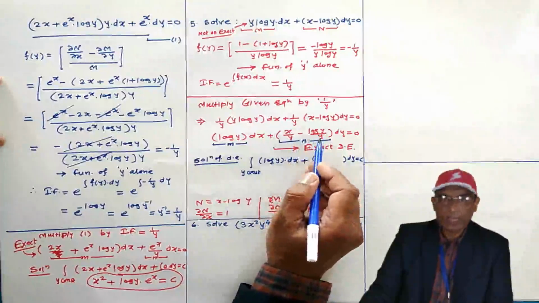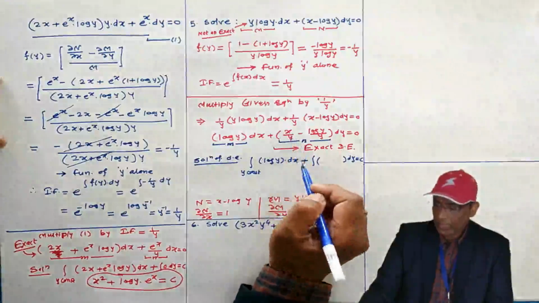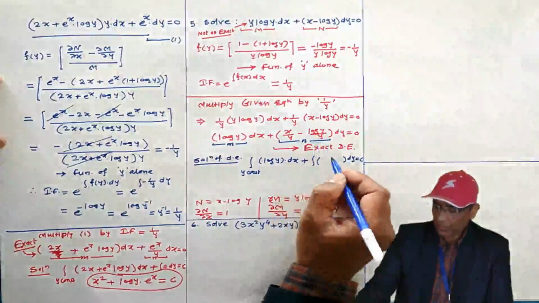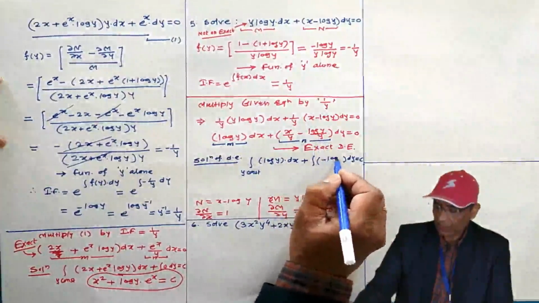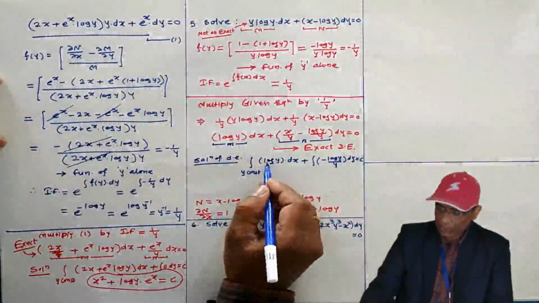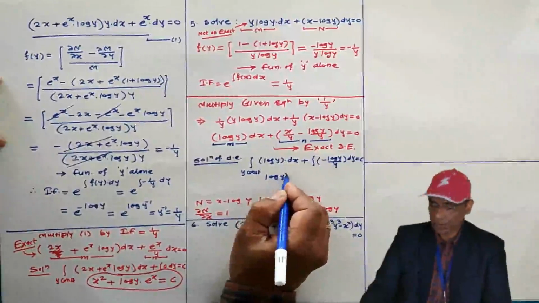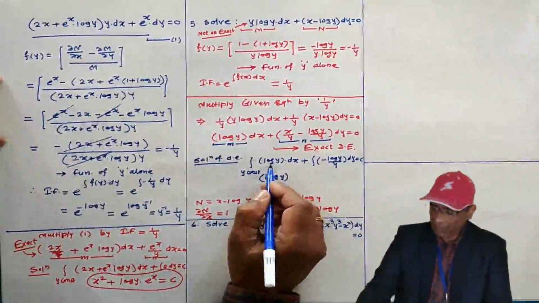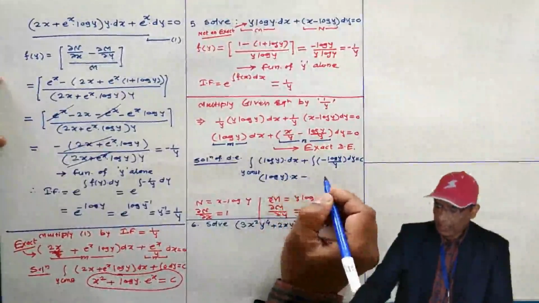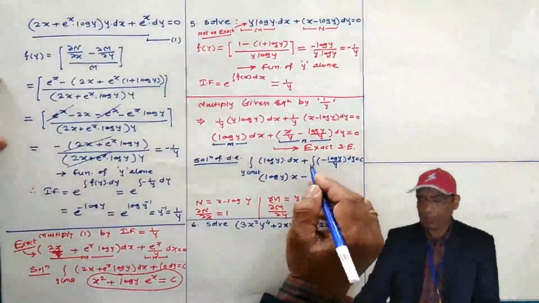The term containing x is not of any use, so don't write it. The second term does not contain x, so that term we have to write, log y by y. Now the integration of log y with respect to x is log y into x, because log y is constant. The integral of a constant is the constant multiplied by that variable, minus the integration of log y by y, with the minus taken outside.